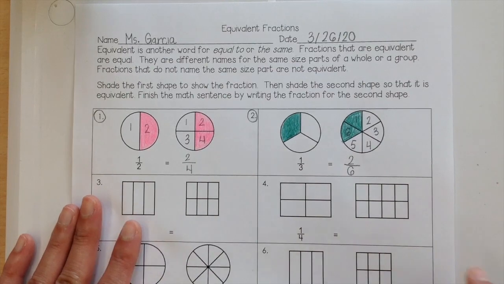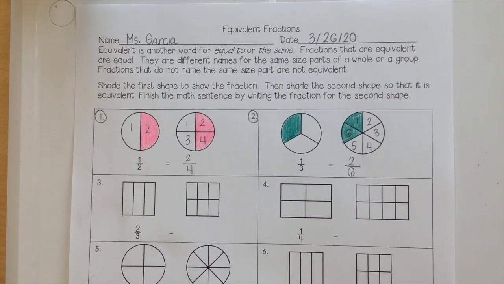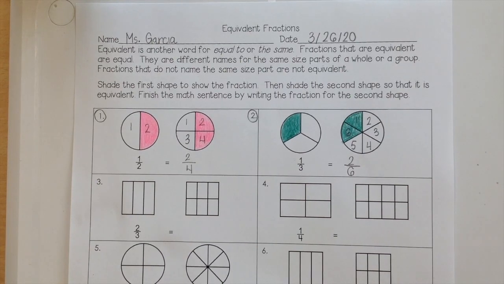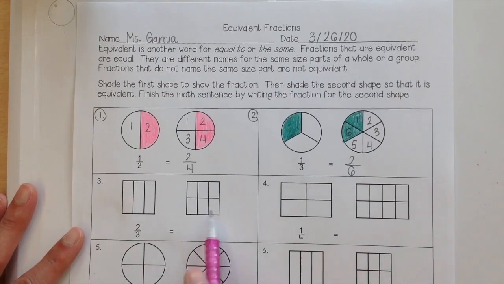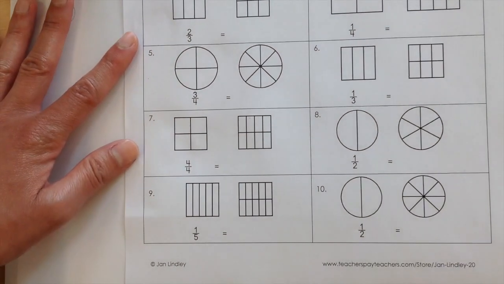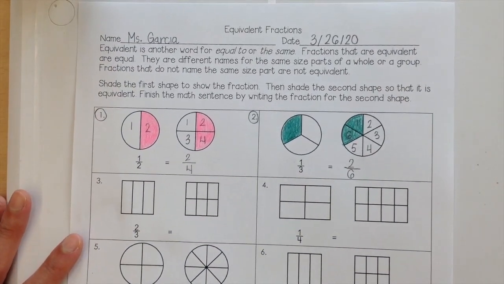Okay? So what you're going to do is you're going to find these problems in 2 places. I'm going to upload the worksheet to Google Classroom. So if you want to print off the worksheet and do it with crayons or colored pencils at home, you can print it off and do numbers 3, 4, 5, 6, 7, 8, 9, and 10 at home, and then snap a picture and post it on Seesaw.